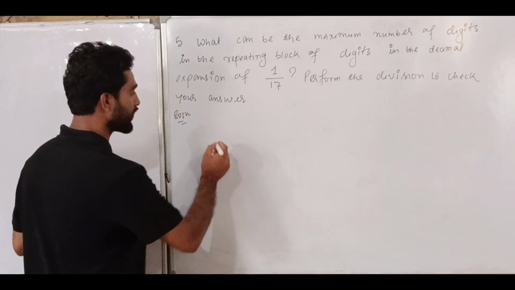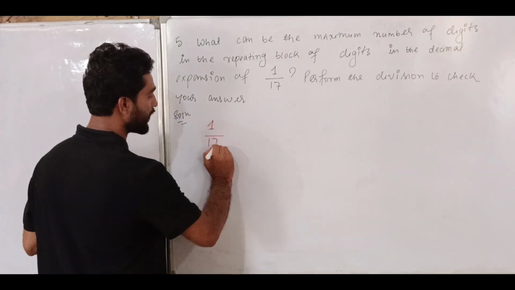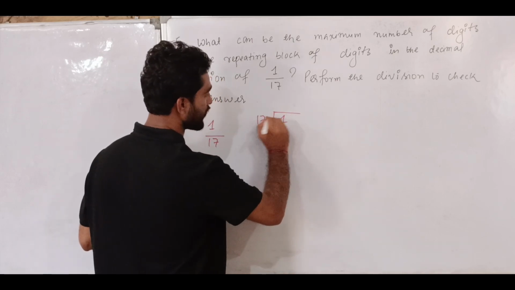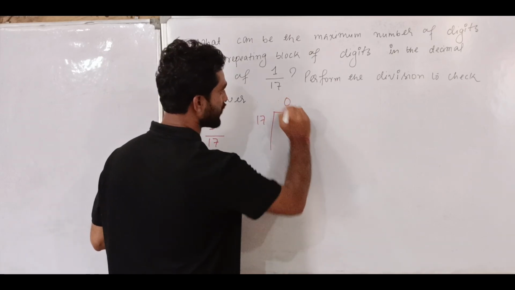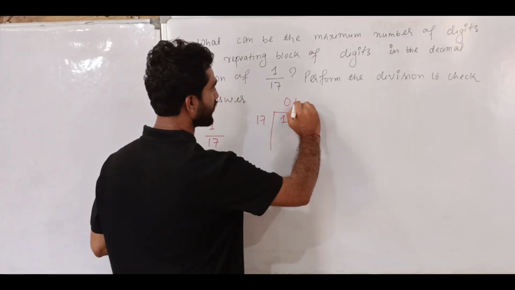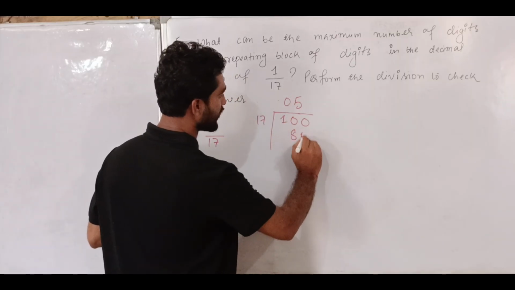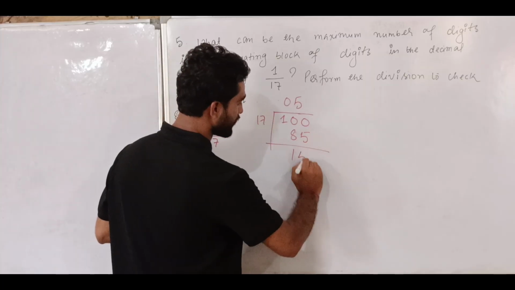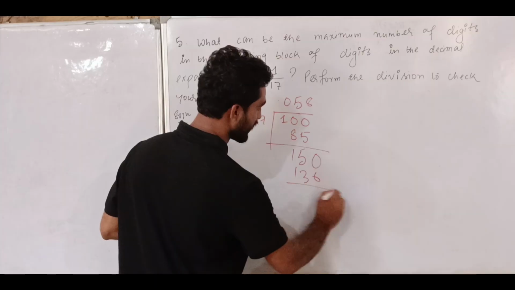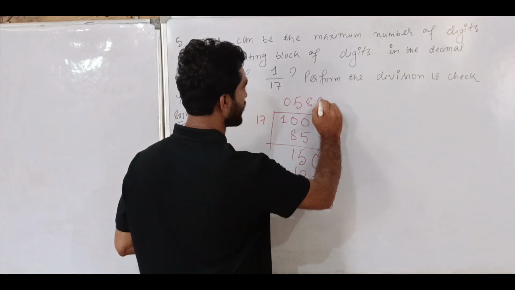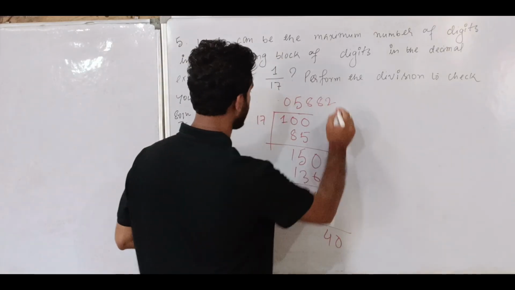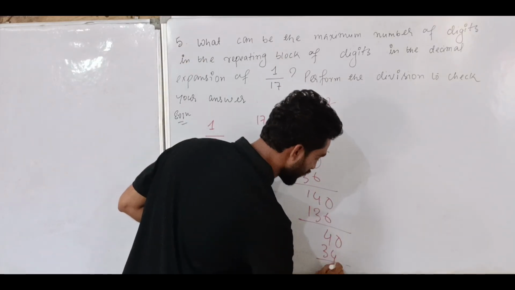So see, if we perform the division 1 divided by 17, just divide by 17. So 0, 0, 100. 17 5s are 85, 15, 0, 17 8s are 136, 14 0, 17 8s are 136, 4 0, 17 2s are 34, 6.